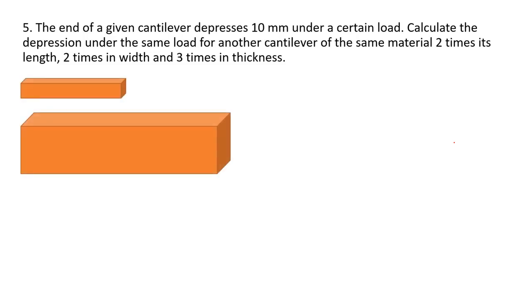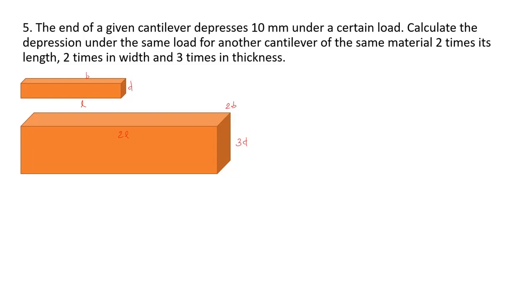So we have 2 beams of the same material, but the second beam has twice the length, twice the width and 3 times the depth of the first beam. That is, if L, B and D are the dimensions here, we have 2L, 3D and 2B as the dimensions for the second beam of the same material.